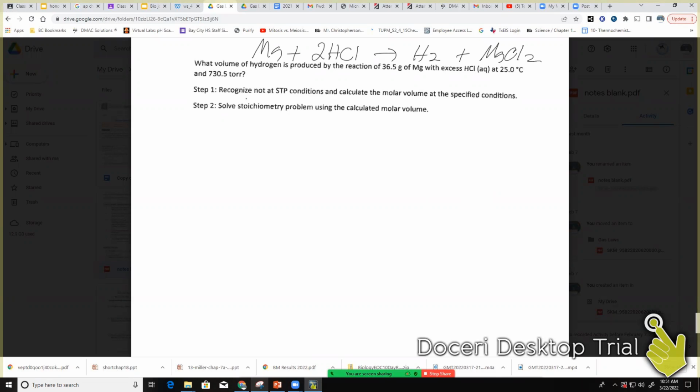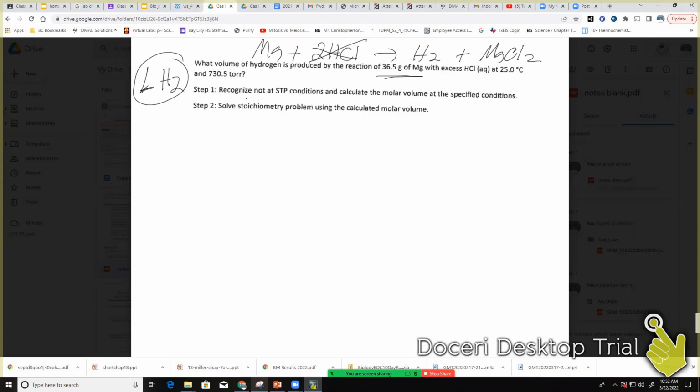Now it says what volume of hydrogen, so I'm trying to find liters of hydrogen, is produced by the reaction of 36.5 grams of magnesium with excess hydrochloric acid. Once again, that just tells me I don't have to worry about the hydrochloric acid. And then I have a temperature and a pressure. It is not at STP, so I can't use 22.4. That usually makes it a little bit quicker.